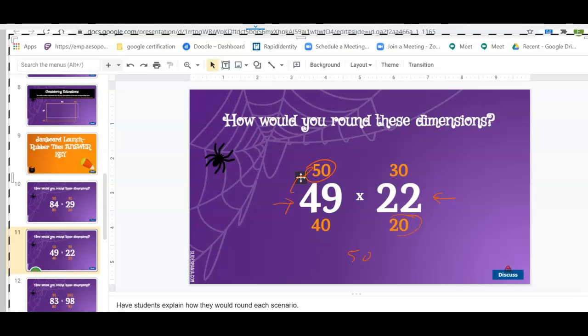So we would multiply 50 times 20 as an estimate. If I multiply the 5 times the 2, that gives me 10. How many zeros do I have here? That's 1 zero, that's a second zero. Then I just add 2 more zeros. So I would have an estimate of 1,000 for this one.